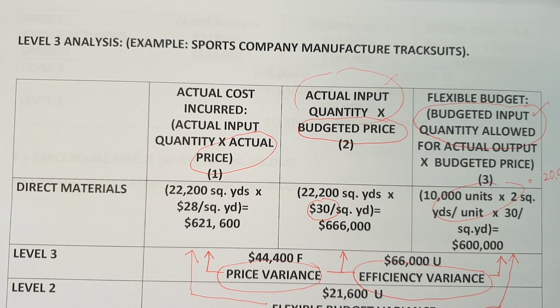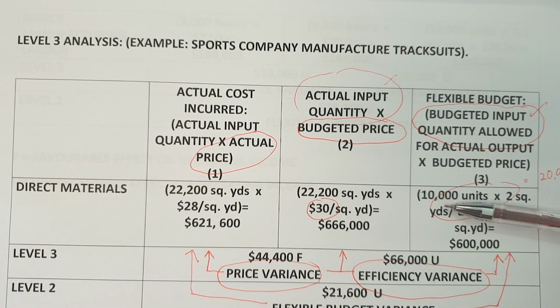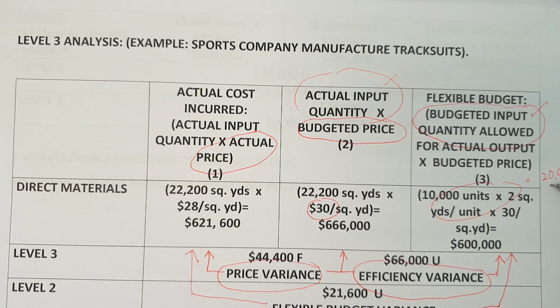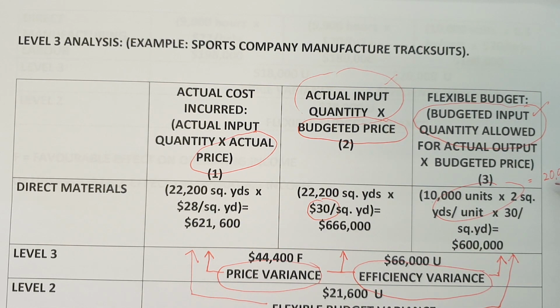Therefore, we can see here the amount of input that we plan to use, because in this budget we plan to produce 10,000 units. Once we produce 10,000 units, each unit will use 2 square yards, which means the total material in this column is 20,000.